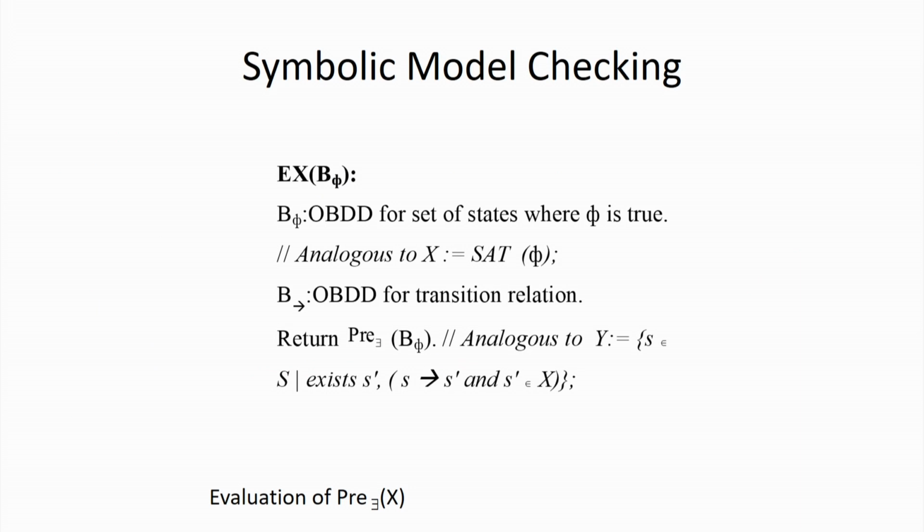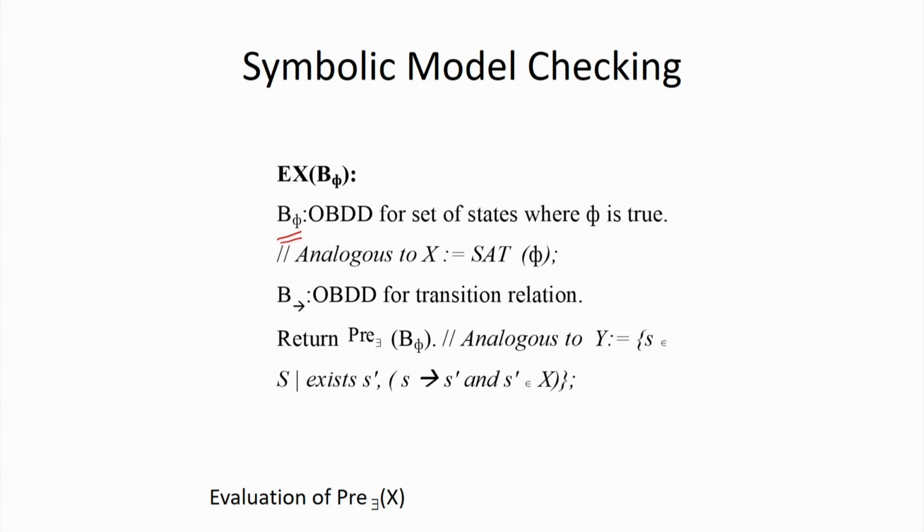This is the symbolic model checking algorithm for there exists a path in which, in the next state, some formula phi is true. We take the BDD B phi, which represents the set of states where phi is true.